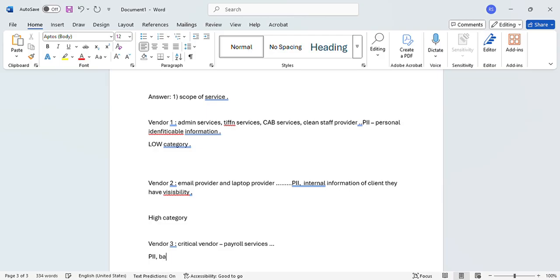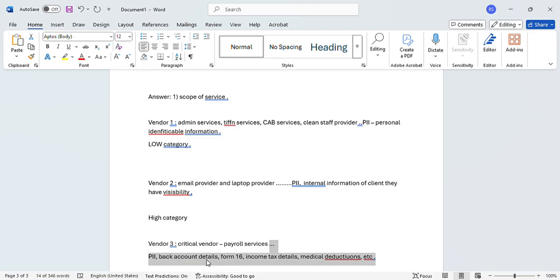They are processing the bank account details, the Form 16, the income tax details, the medical deduction records, etc. So as you can see, vendor 3 is managing complete control of employees' data. That's why vendor 3 is considered a critical vendor here.